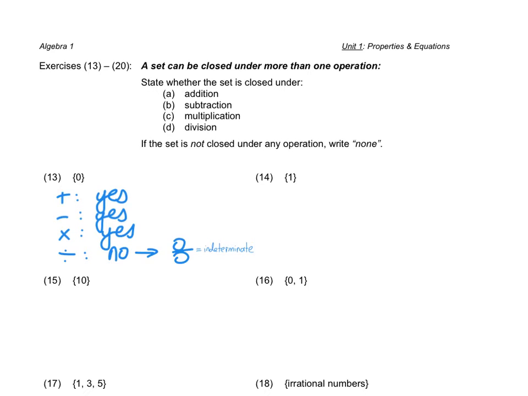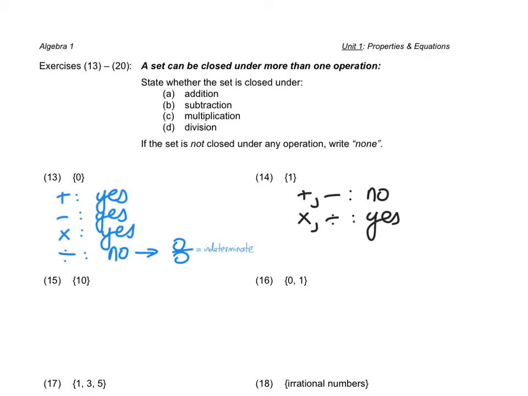So addition and subtraction are no, multiplication and division are yes. They weren't asking for counterexamples. I just wanted to touch on the 0 over 0 because it's technically considered to be indeterminate, but people tend to want to write undefined, even though that's not technically correct.